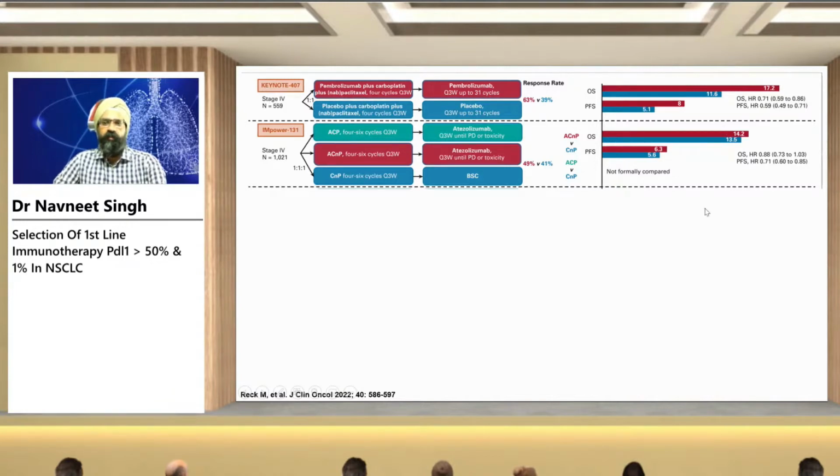As you can see, again, for some particular reason, Empower 131 did not meet statistical significance the way Empower 132 did not. For pembro, the results were very, very clear and distinct: improvements in PFS, OS, and response rates.